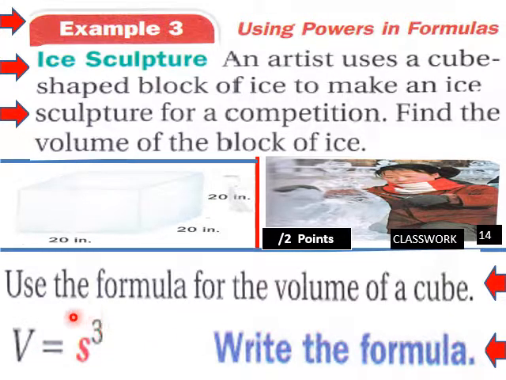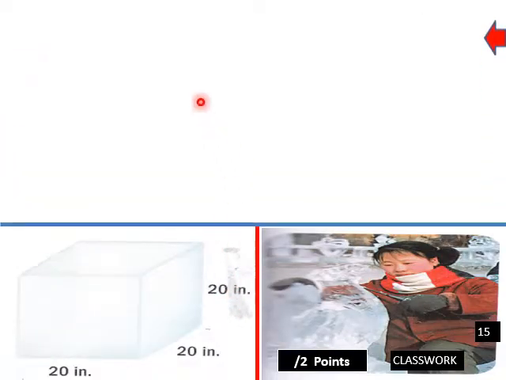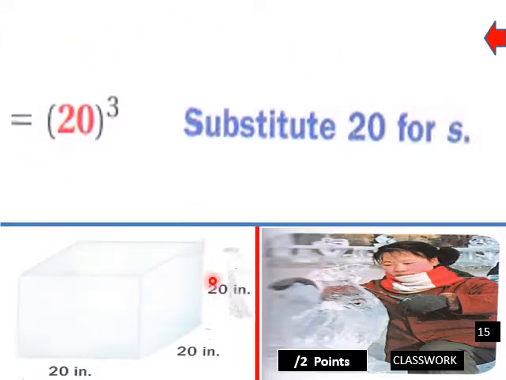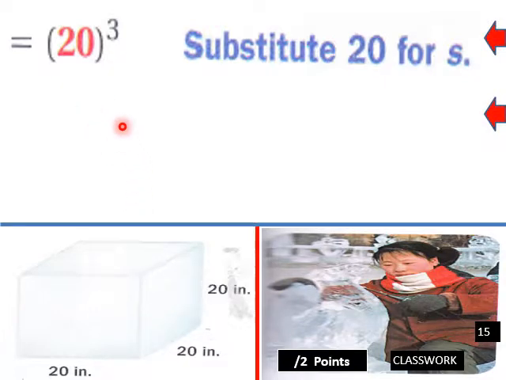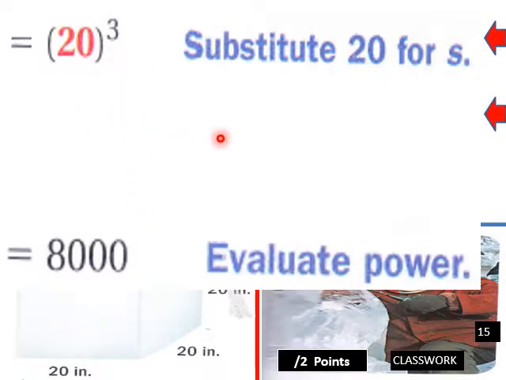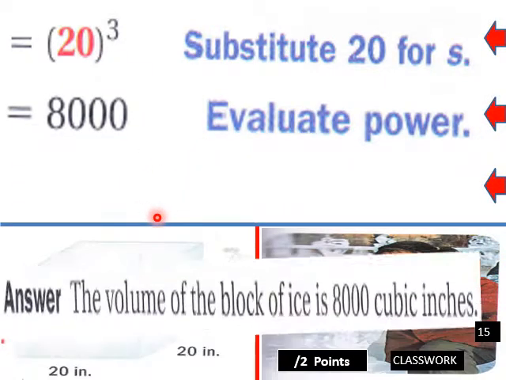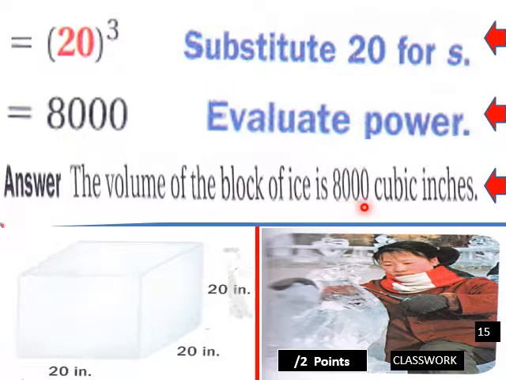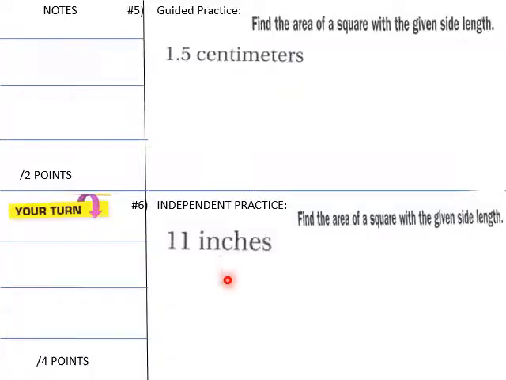Here's our formula. So we plug in 20 for S, so 20 cubed. Substitute 20 for S, and when we do that, we get 8,000. So 20 cubed is 8,000. So the volume of the block of ice is 8,000 cubic inches when it has these dimensions.